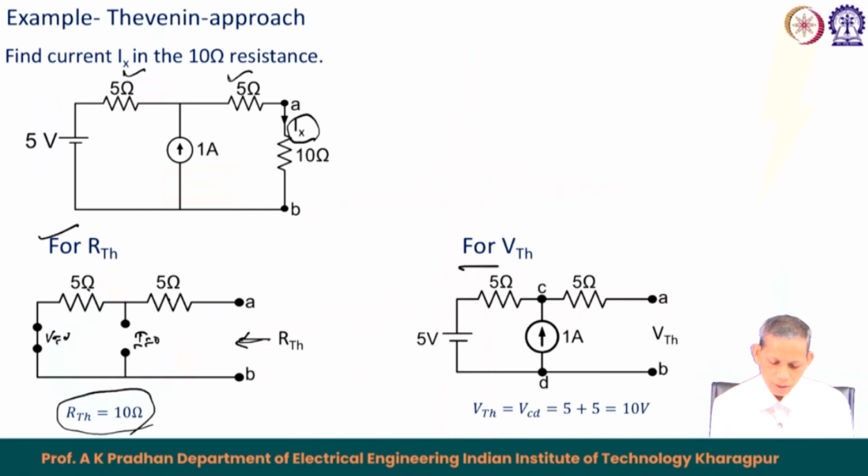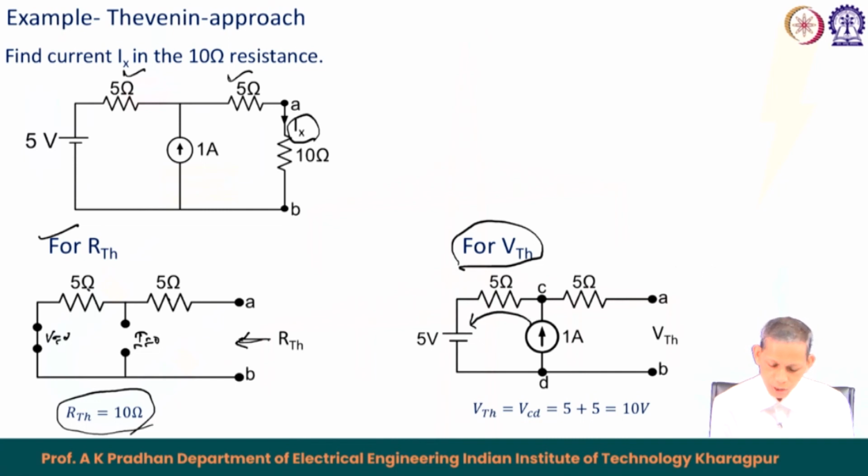Now, Vth, what you do is we keep open the corresponding 10 ohm now. So, we will find the Vab here. So, this Vth equals Vab equals Vcd. So, no current flows through this 5 ohm resistance. So, we will find the voltage across Vcd. So, that is the 1 ampere current source. So, what we see here is 1 ampere current is bound to flow like this.